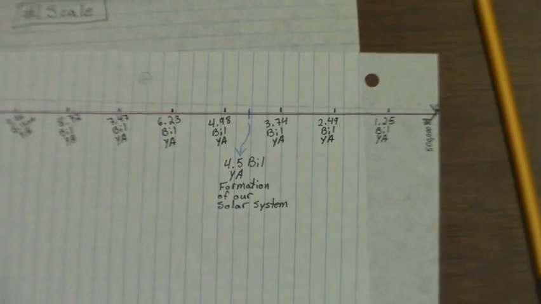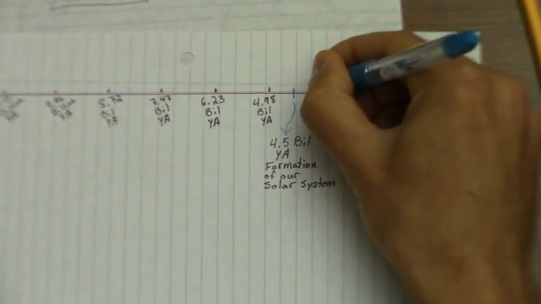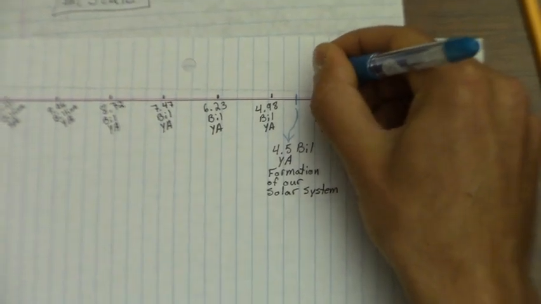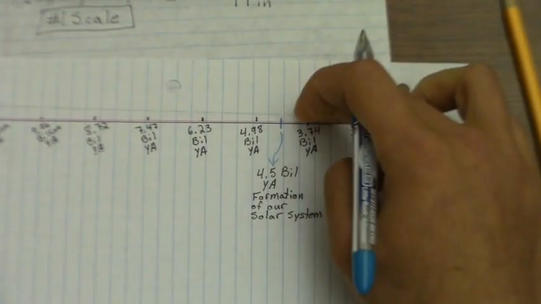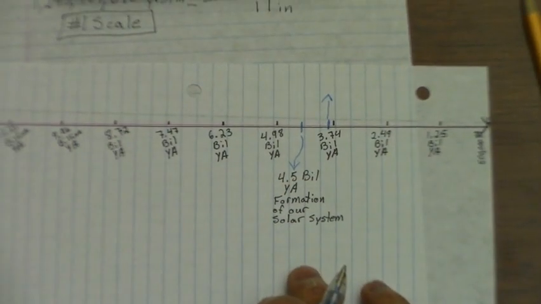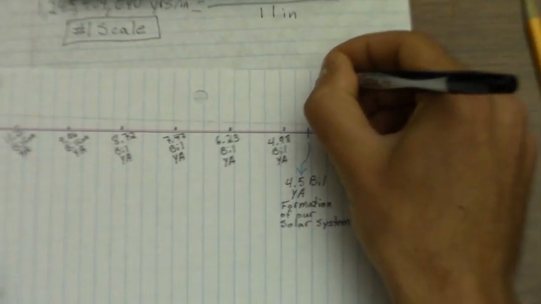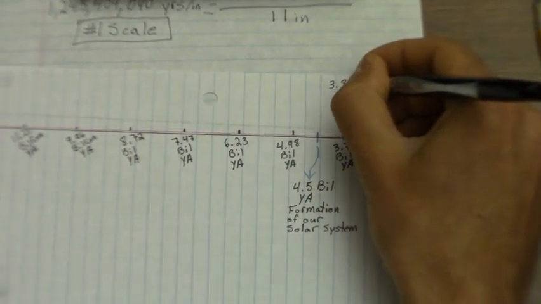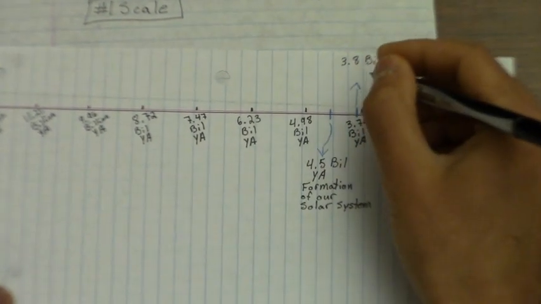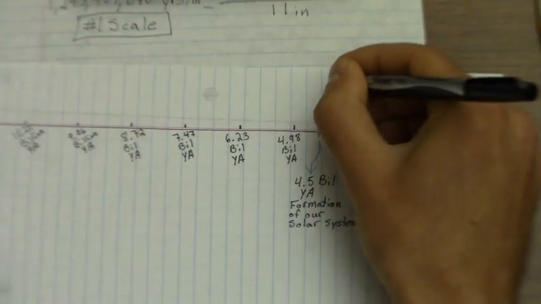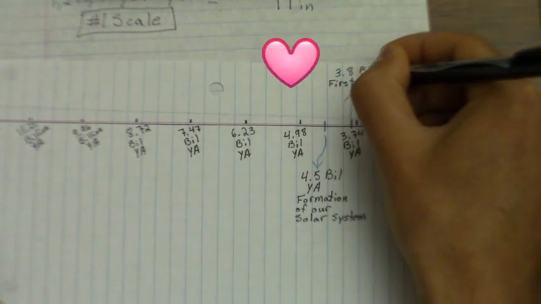So I will go ahead and mark out where I think 3.8 billion years ago would be, and I can absolutely list my event above so as to not be crowded on one side of the line. And 3.8 billion years ago, we have our first life on Earth.